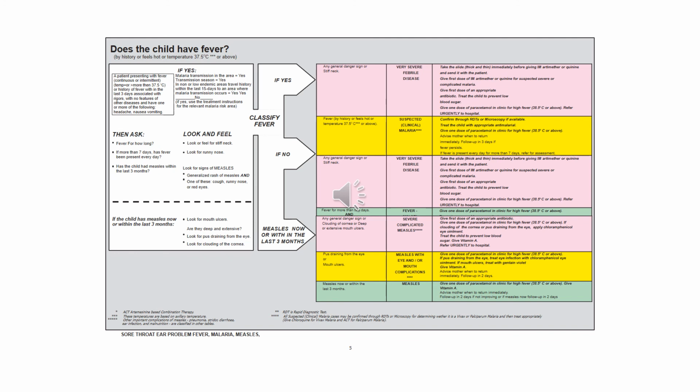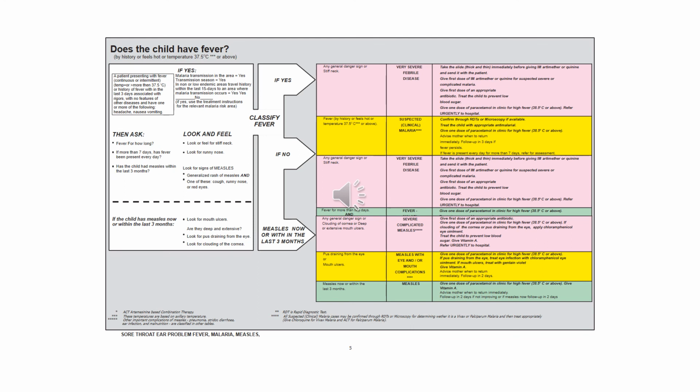After that you have to look for a runny nose, and look for any bacterial cause of fever, like any local tenderness or oral sores, or if a child is unable to move a limb, or any hot tender swelling on the body, or red tender skin or boils on the body, or lower abdominal pain or pain on passing urine in older children. So you have to look for any bacterial cause which is causing the fever, and you have to look and feel for the signs of measles.